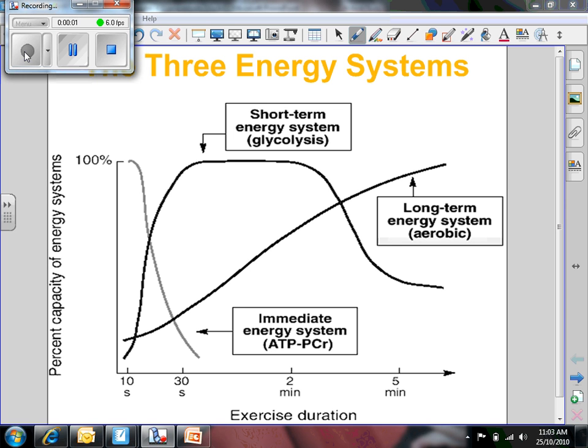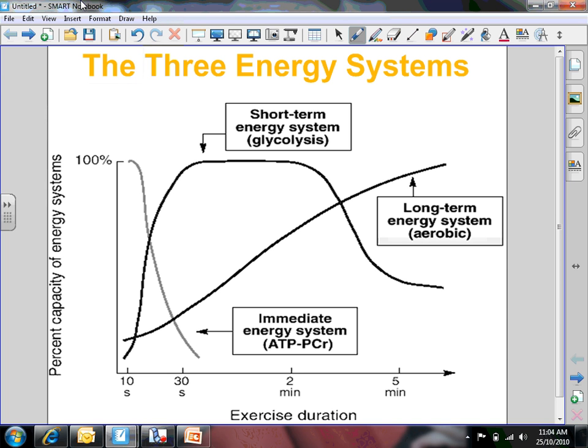Okay, folks, we'll continue on looking at the energy systems that we have done for the last couple of sessions. This graph shows basically how long each energy system takes to come into operation, and then how long it will last. The first one here being the ATPPC system, lasting only approximately 30 seconds.